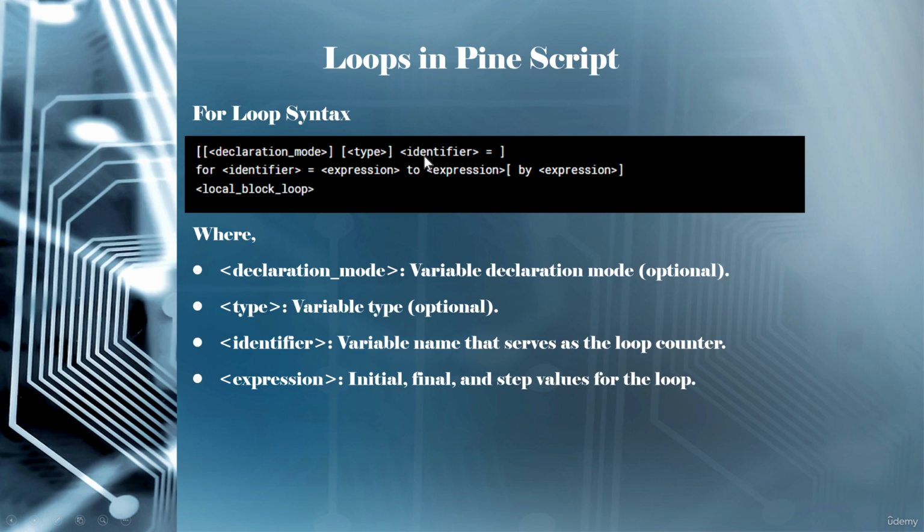Identifier is a variable name that serves as a loop counter. And the expressions are the initial, final, and step values for the loop. The for loop iterates through a range of values specified by the initial, final, and step expressions. So it iterates starting from initial until final by the step.